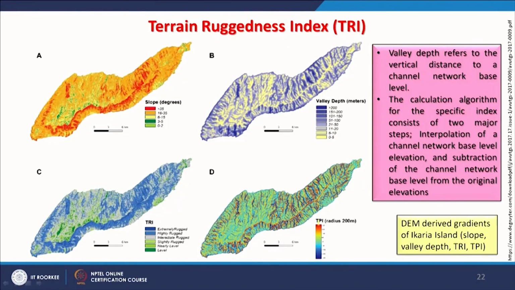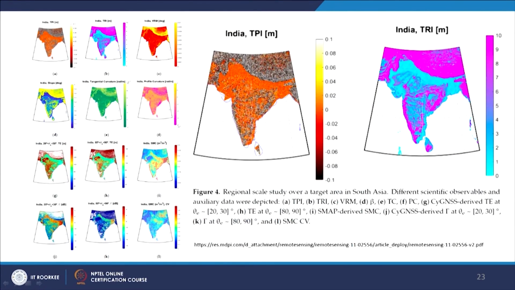Again, TRI and TPI values are there. The valley depth output refers to the vertical distance to the channel network base. This calculation can also be useful for various applications.